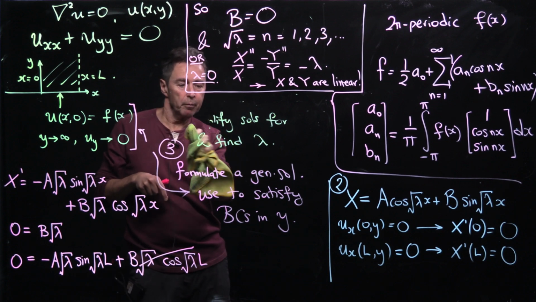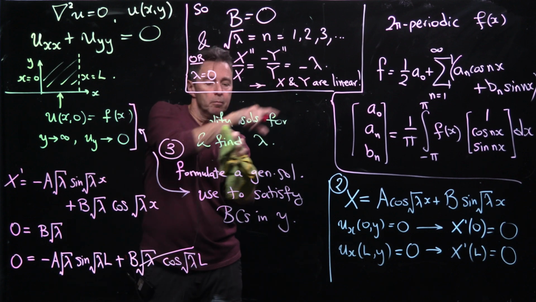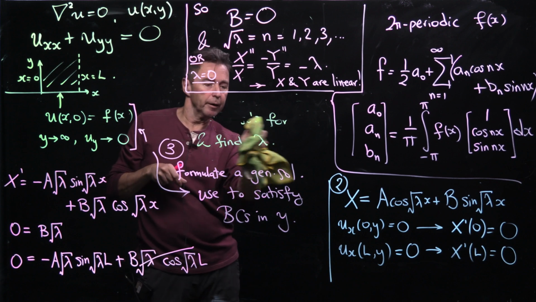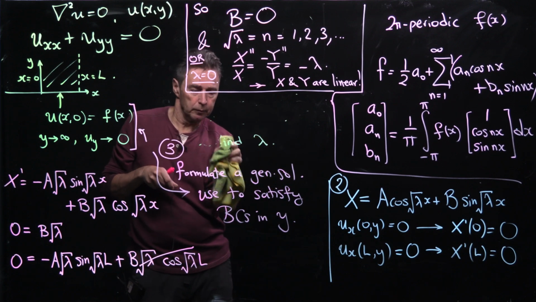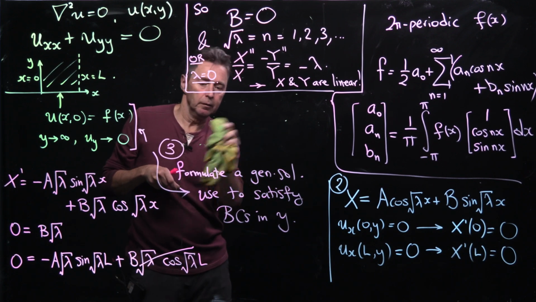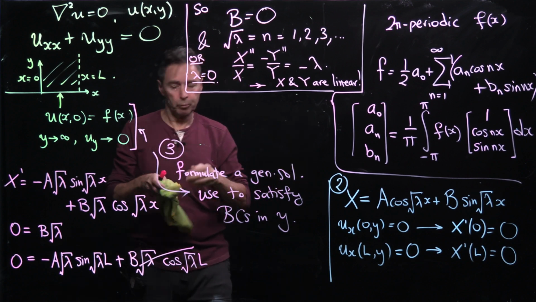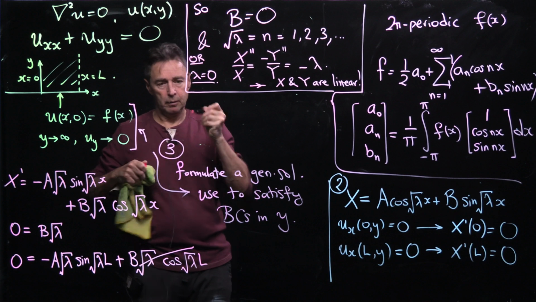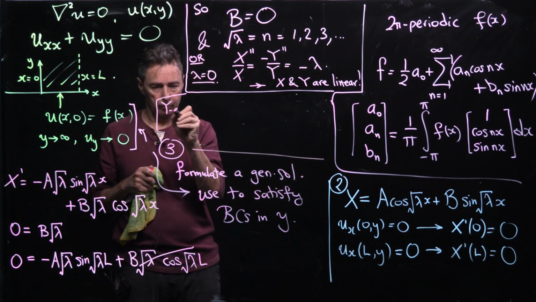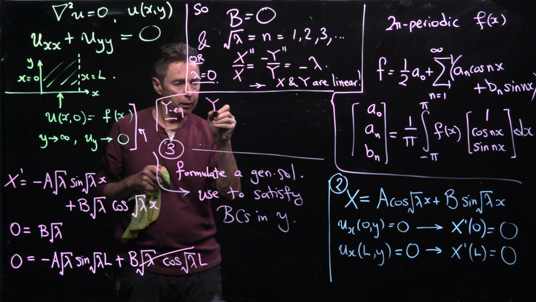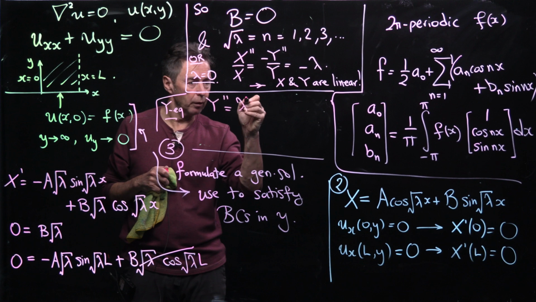So it's y double prime equals lambda y. So when I solve that, I'll have completed step 2. So this is the y equation. Right, so y double prime is equal to lambda y.